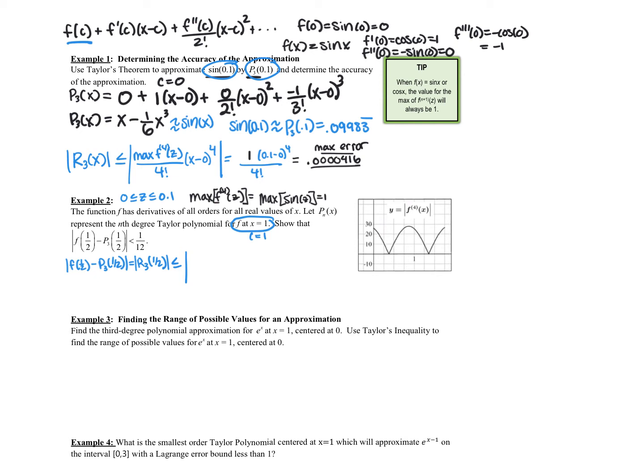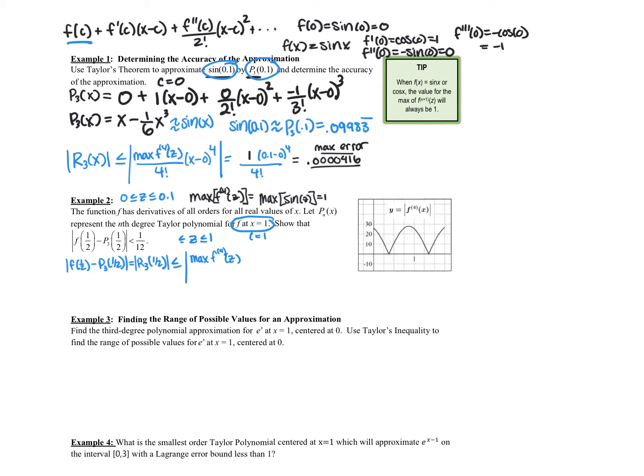So we're going to look at the maximum of the fourth derivative for some value z. Here, our z is between our center. What's our center? 1. And where are we approximating our function value at? 1/2, right?